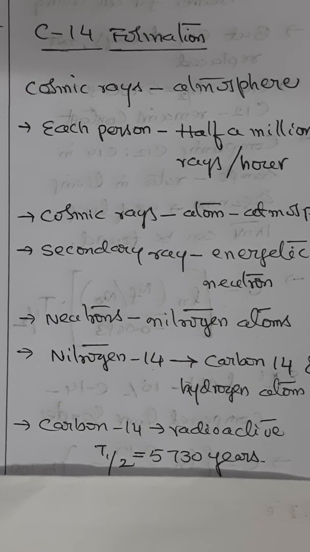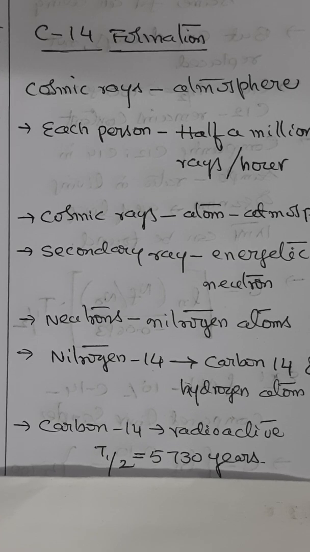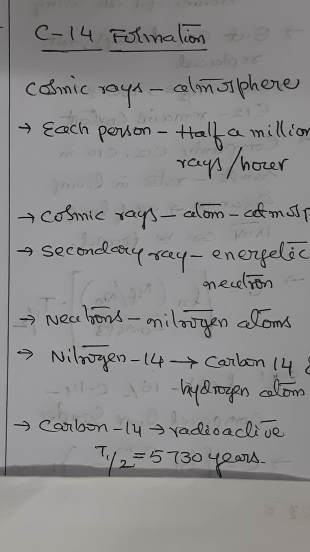Whenever a cosmic ray collides with an atom in the atmosphere, it creates a secondary cosmic ray in the form of an energetic neutron. These energetic neutrons collide with nitrogen atoms. When a neutron collides with nitrogen 14, which has 7 protons and 7 neutrons, these atoms turn into carbon 14 atoms. Carbon 14 atoms have 6 protons and 2 excess neutrons, that means 6 protons and 8 neutrons.